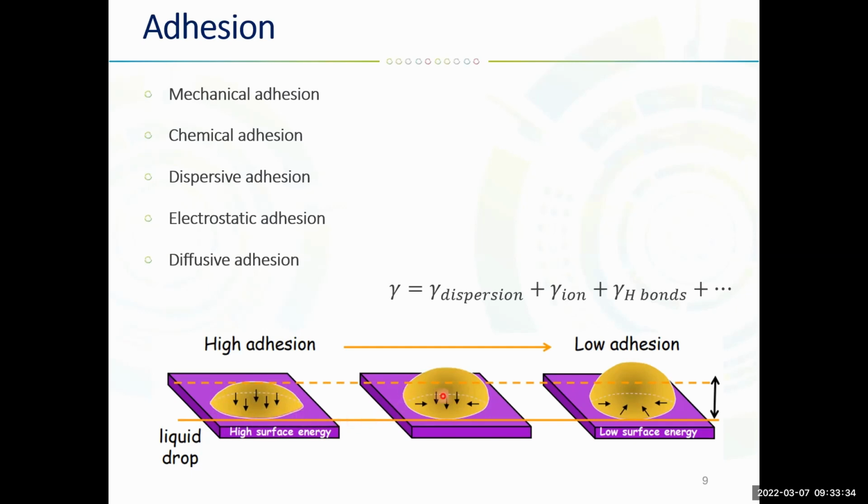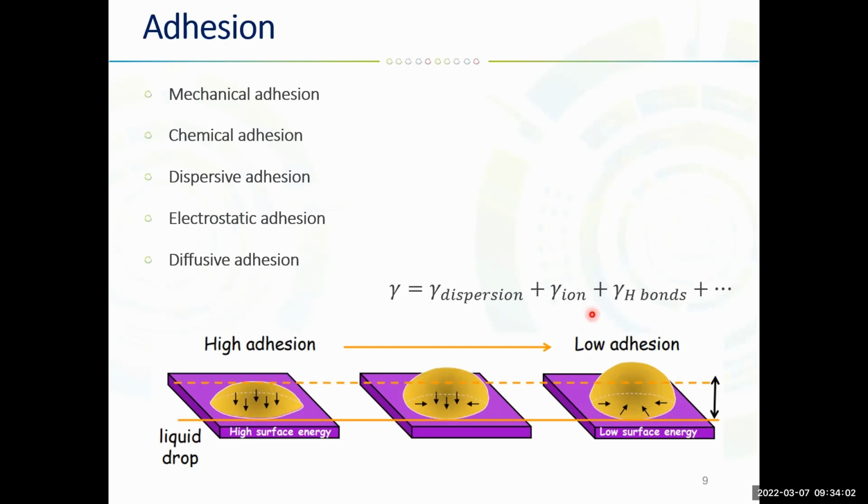As the adhesion decreases, you end up with a situation where the molecules in the droplet are more strongly attracted to each other than they are attracted to the atoms of the surface. Here you can see these arrows in the drop. That produces low adhesion, and this is the example illustrated on the right-hand side.